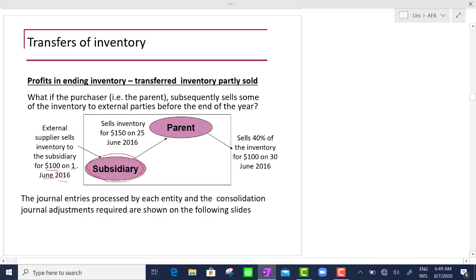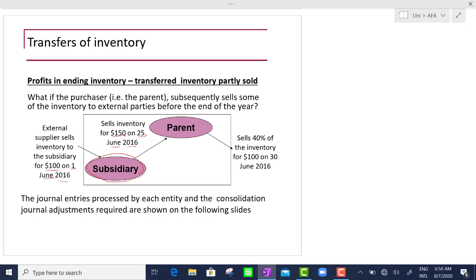So that is the purchase by the subsidiary company. And on 25th June 2016, this stock was sold by the subsidiary company to the parent company for 150, keeping 50 as profit, right?